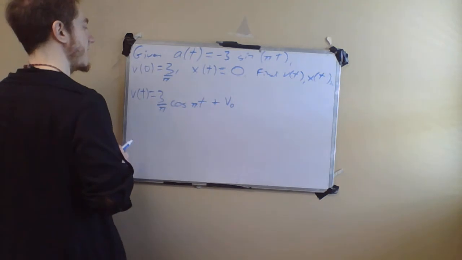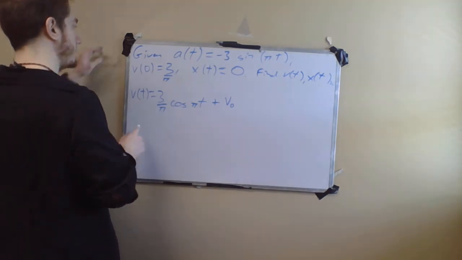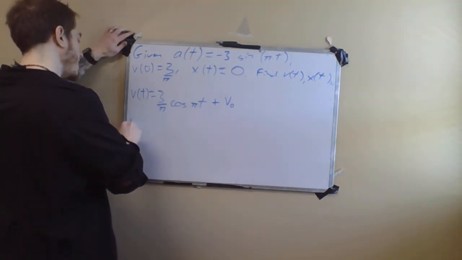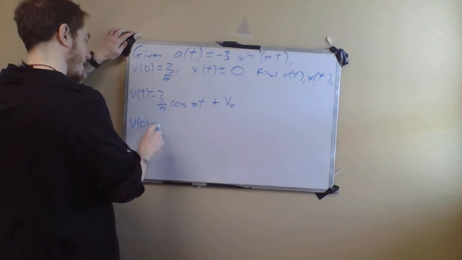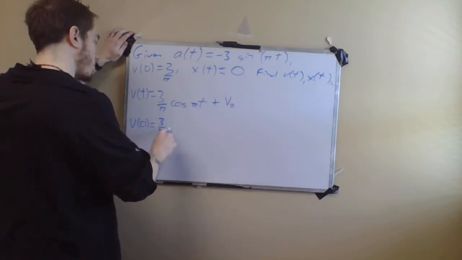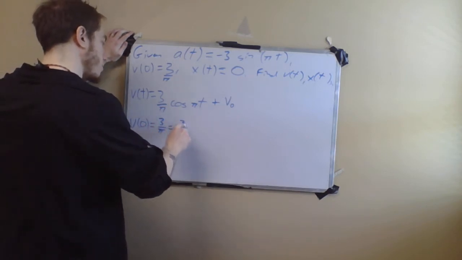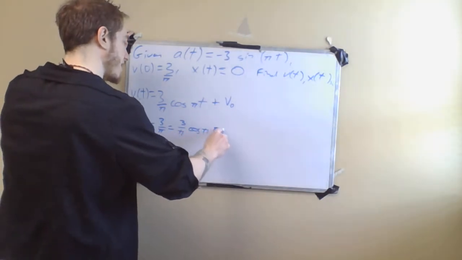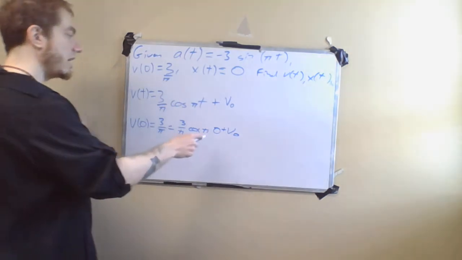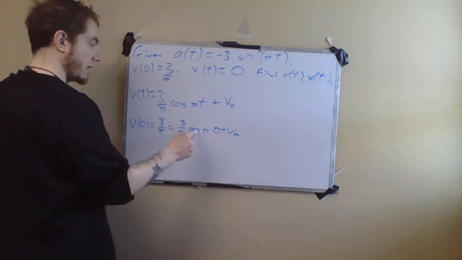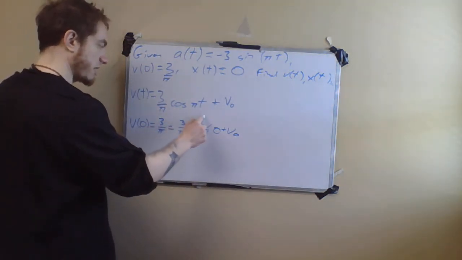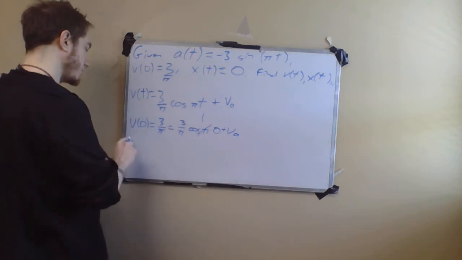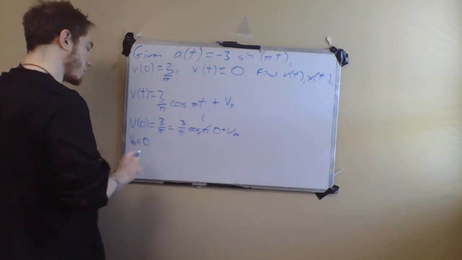And then what we can say is that v of 0 is equal to 3 over pi, which is equal to 3 over pi times the cosine of pi times 0 plus v0. If you solve this, this becomes 1, and so this gives me v0 equals 0.